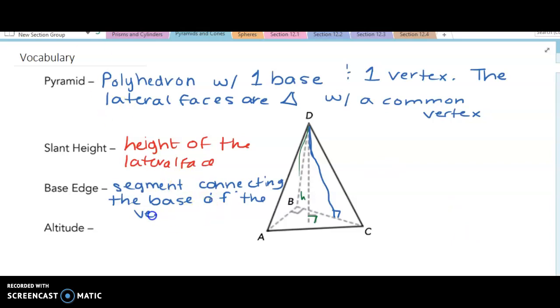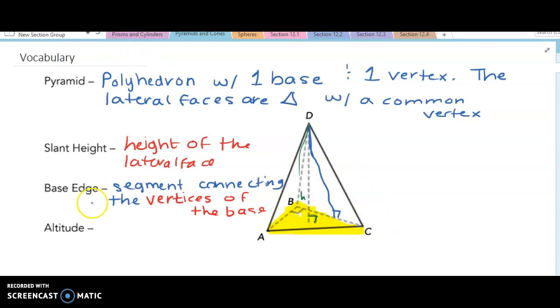Let me rewrite that. Segment connecting the vertices of the base sounds better. This is why I'm a math teacher and not an English teacher. There, that sounds a lot better. So it connects here to here. That would be a base edge. Here to here, that would be a base edge, and here to here, that would be a base edge, because this whole thing is the base.